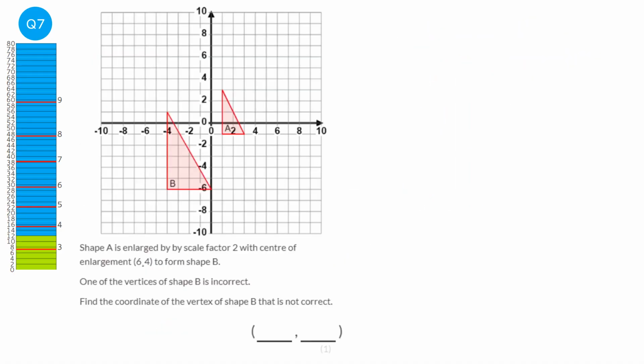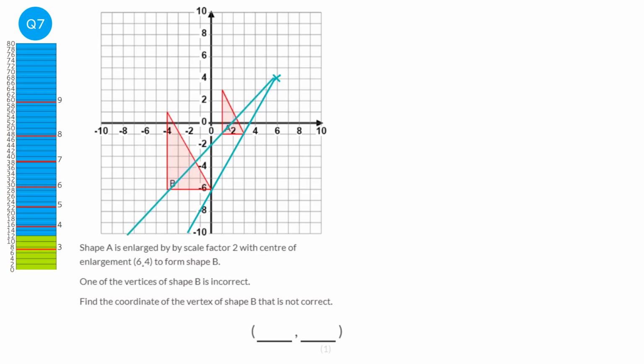So in this question we're told that the centre of enlargement is at 6, 4. So let's just plot that there. And what I'm going to do is just draw ray lines from the centre of enlargement, and we're just going to go through each of the corners of our shape A. And we're going to just check whether it goes through the corner of shape B, which it does on this one.